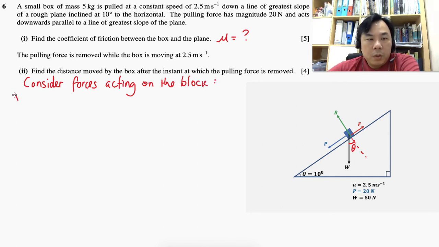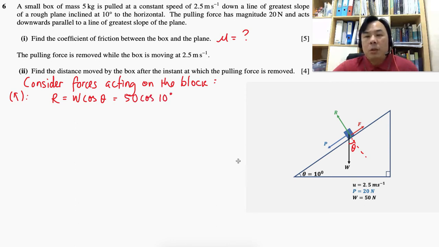I'm interested to work with the force in this direction, perpendicular to the slope. So for this, I will be able to figure out my normal force R must be the same as the weight cos theta here, and that would be the weight is 50 and then cos 10 degrees. All right. So that will be my normal force, right?